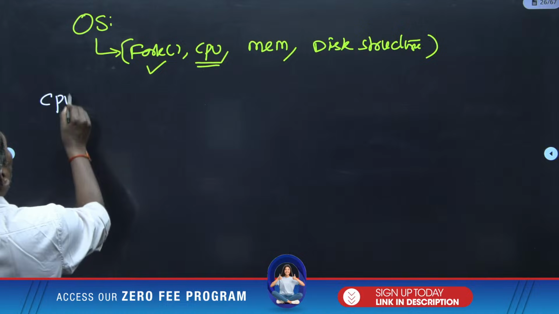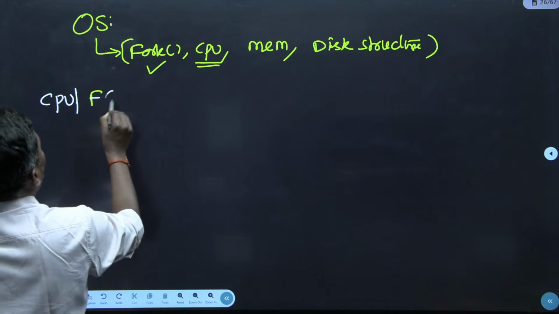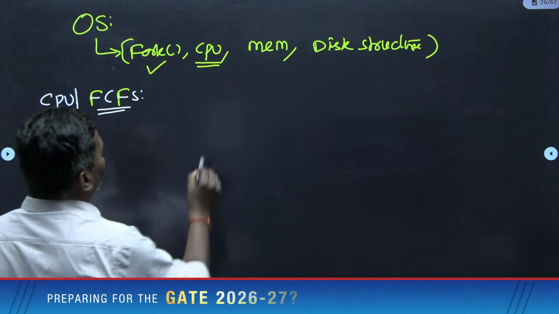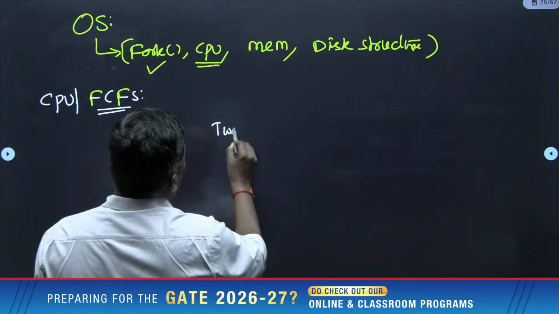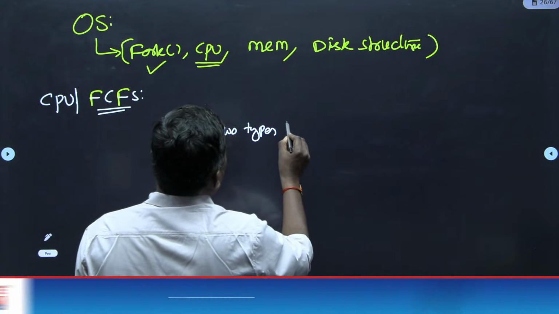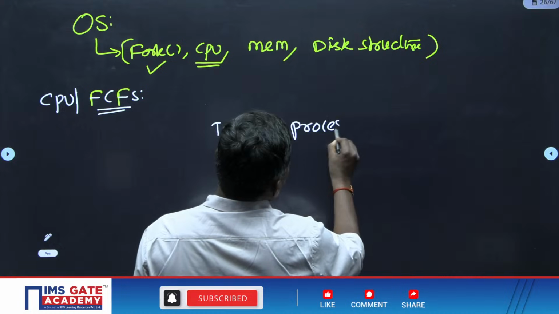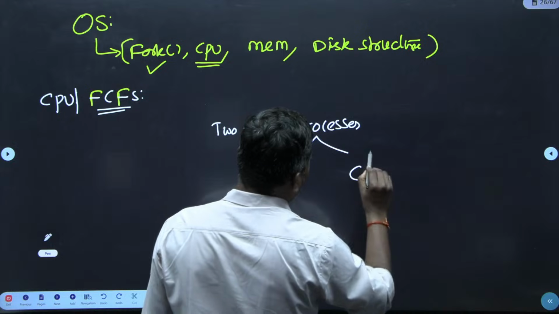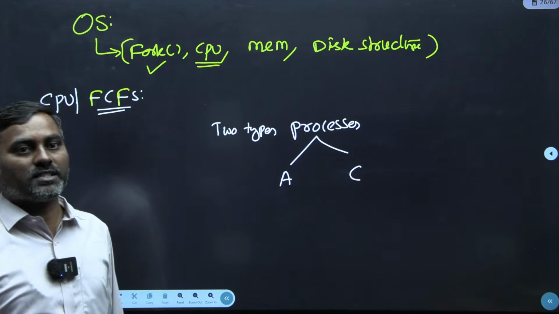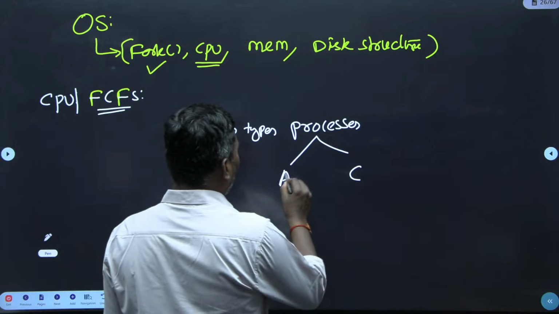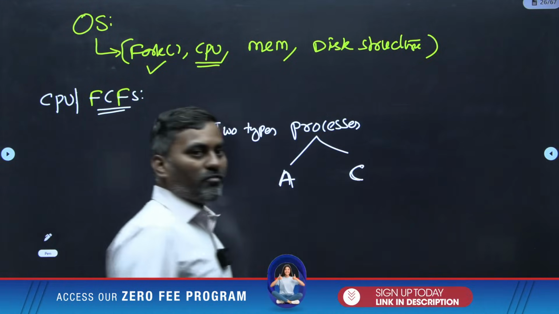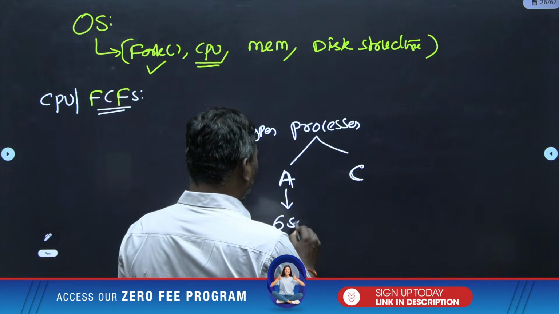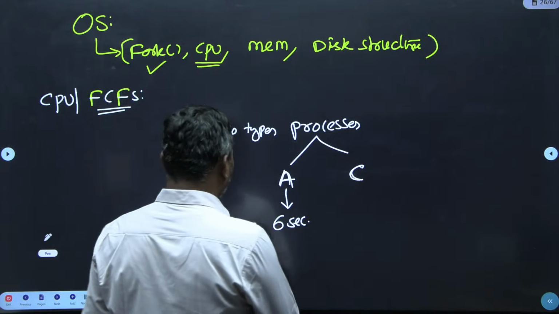In CPU scheduling, this is given as first come first serve. They said two types of processes are there, named A and C. A takes 6 seconds of CPU burst time.